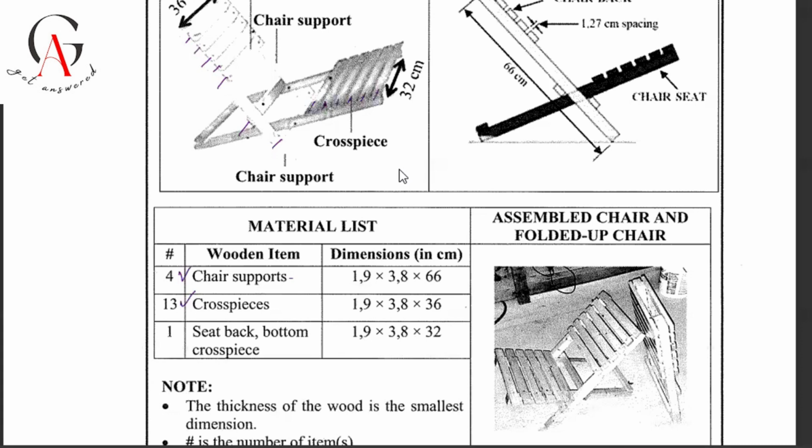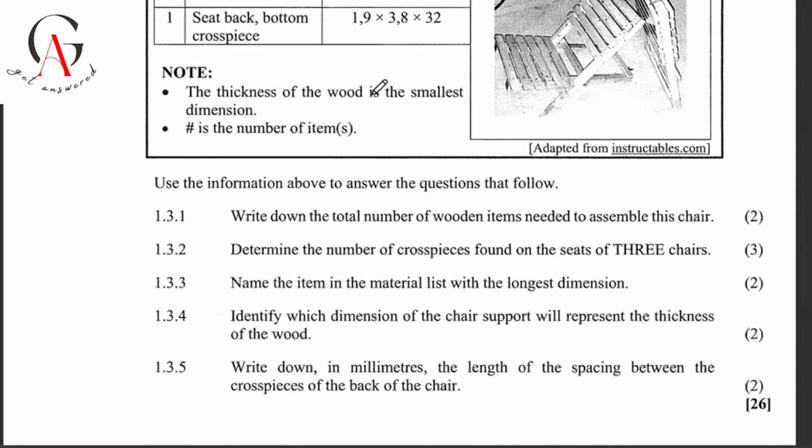So they're already 13. Then the supporting ones are these ones that we saw already: 1, the other side 2, 3, and 4. Wooden, we are looking at wooden. So what we need to do is add the 4 and the 13. 4 plus 13 becomes 17. The seat back bottom cross piece, these are just items that make up one chair.